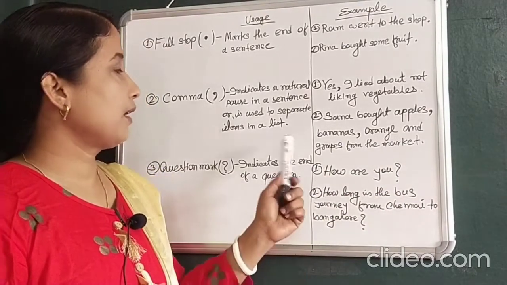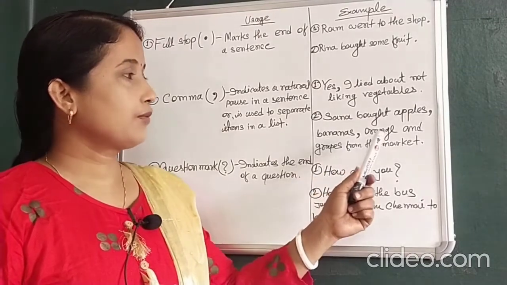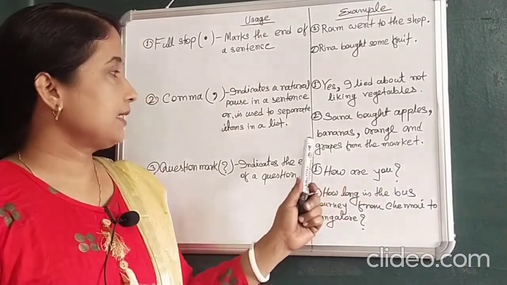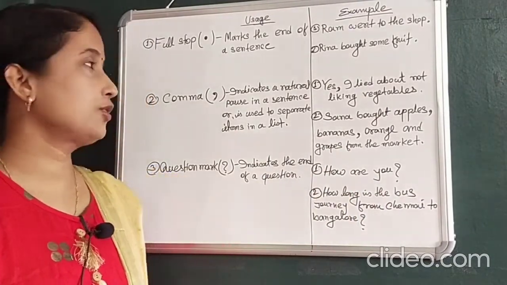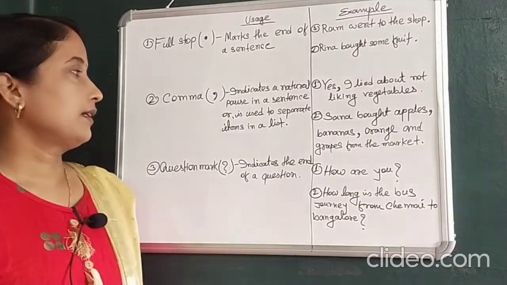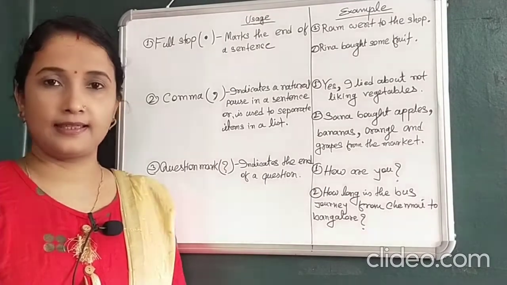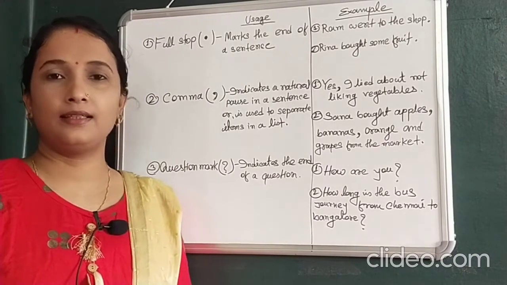Comma is used here to separate items in a list. So when we use comma, it indicates a natural pause in a sentence or separates several items in a list.